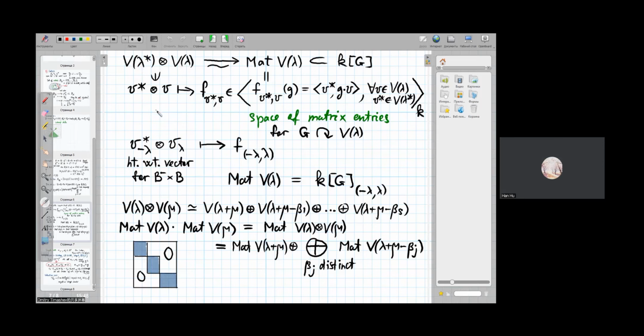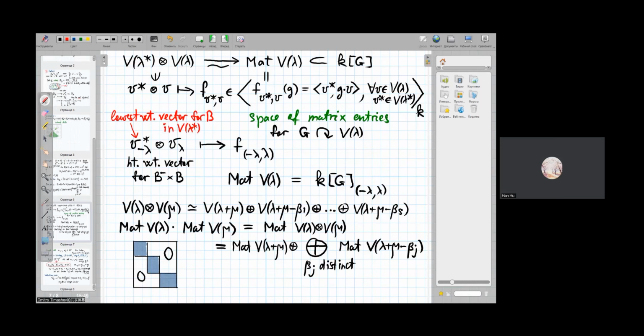So the highest weight in V lambda star is lambda star, and the lowest weight in V lambda star is minus lambda. Exactly. Let me again write explicitly that this vector is the lowest weight vector for B in V of lambda star.